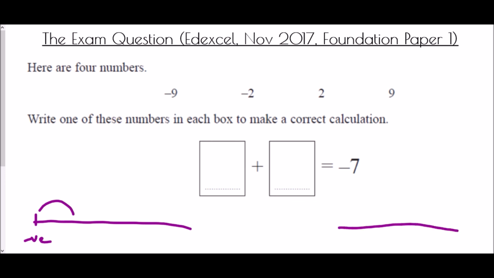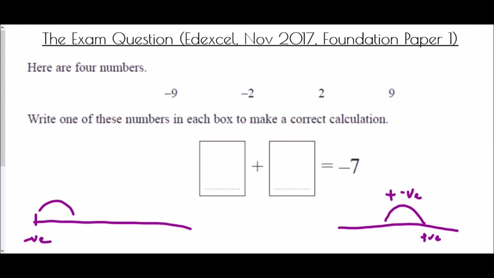Or the other option, we could start with a positive value, and when we add a negative value, so add a negative, we may well end up in the negative values, and so we need to make a decision. One way that we could do this is starting with a negative value.